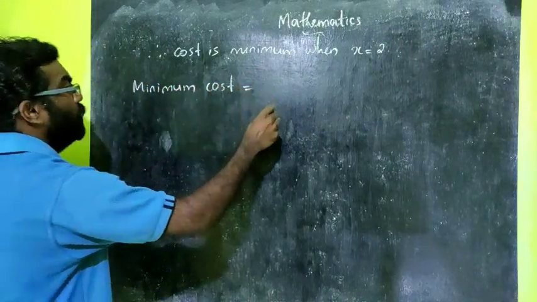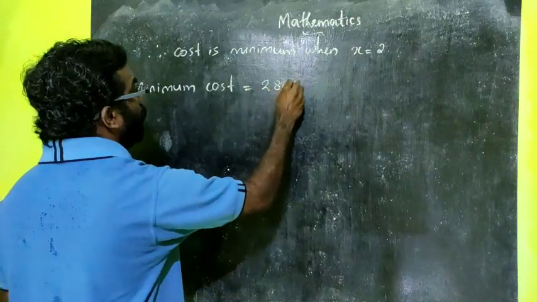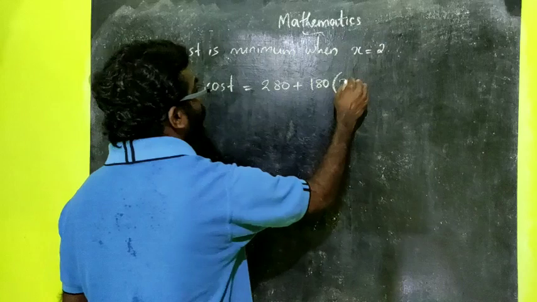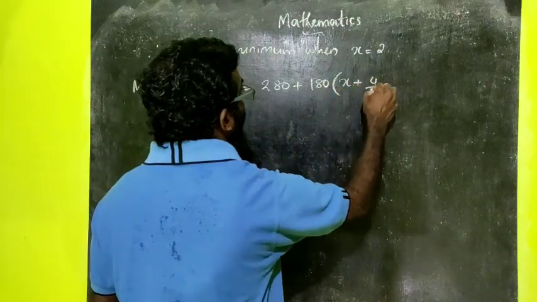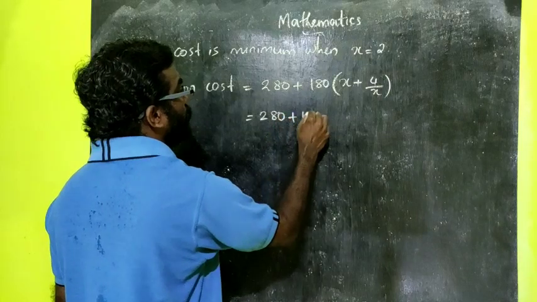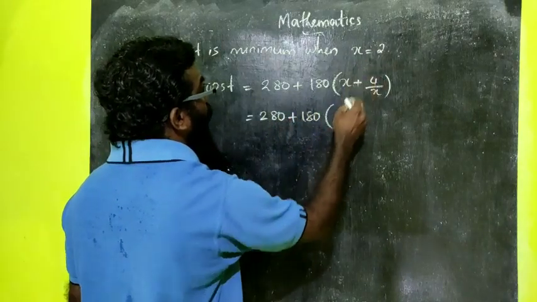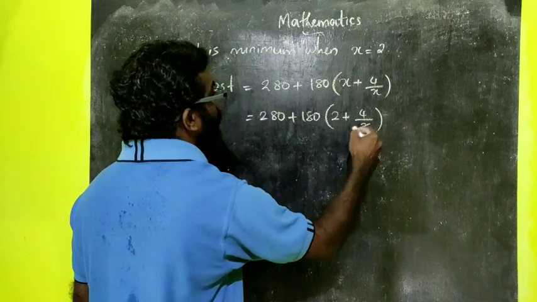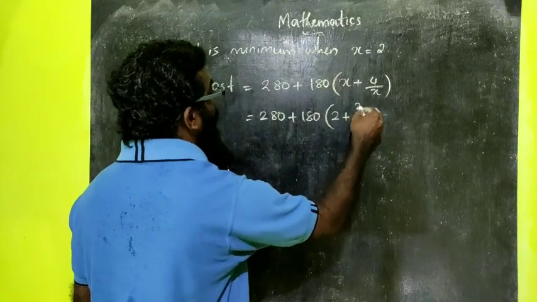we can replace the value in cost function, 280 plus 180 into (x plus 4 by x). That is 280 plus 180 into, here we can put the value 2, (2 plus 4 by 2). This 2 and 2 we can cancel.